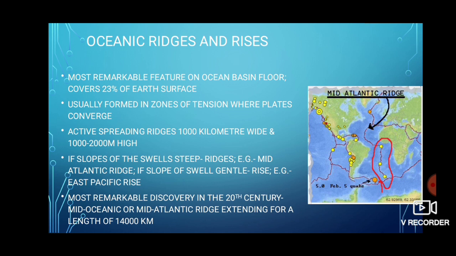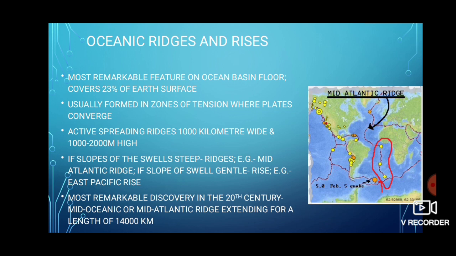One of the most remarkable discoveries in the mid-20th century was the great submarine mountain chain that extends for a length of about 14,000 kilometers. This is known as the mid-oceanic or the Mid-Atlantic Ridge. The Mid-Atlantic Ridge even has a width of 2000 to 2400 kilometers.